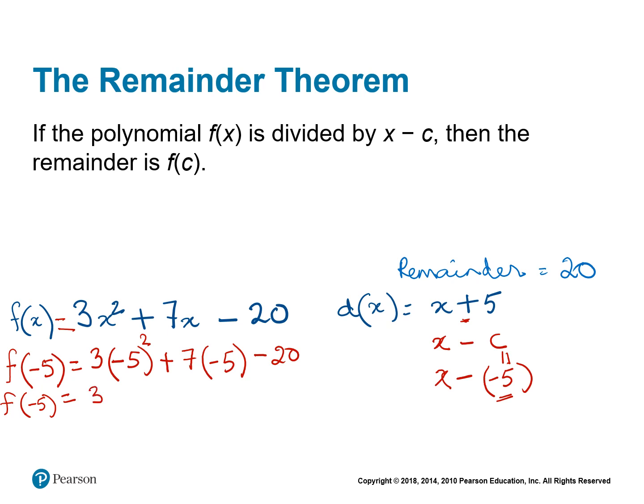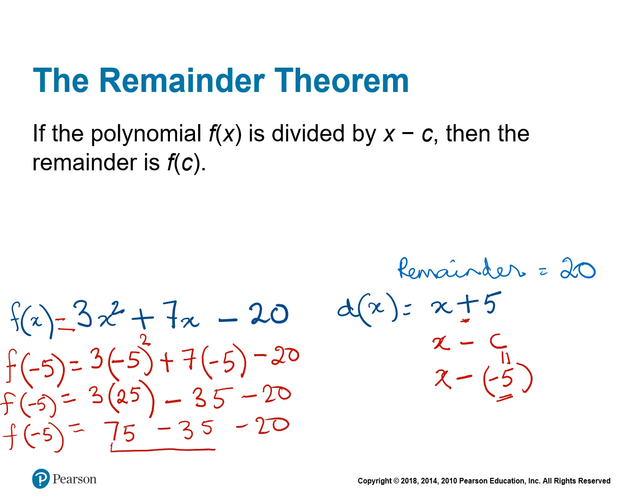So minus 5 squared is positive 25, plus 7 times minus 5 is minus 35, minus 20. All right. So let's keep going. 3 times 25 is 75, minus 35, minus 20. We first do the subtraction. 75 minus 35 is 40.